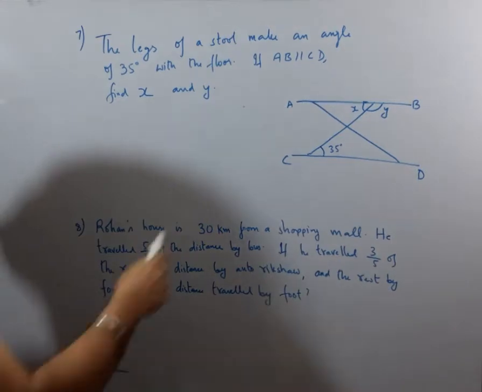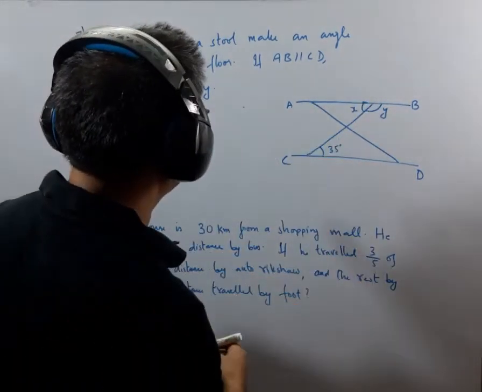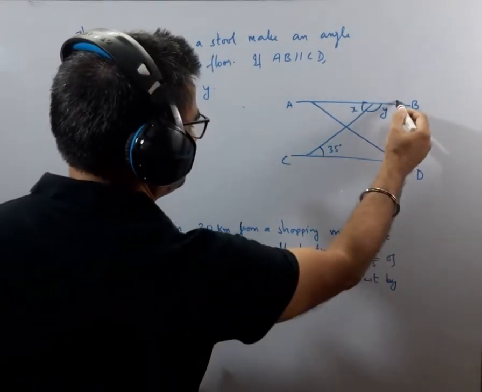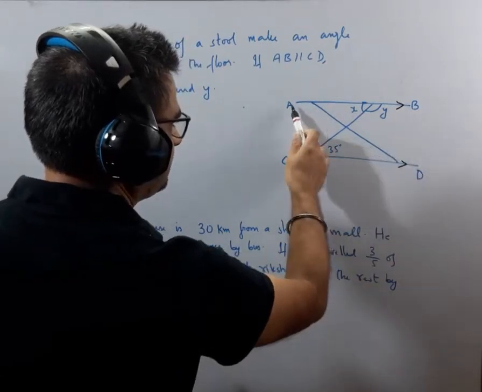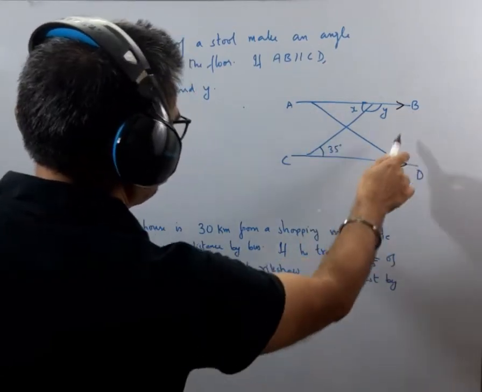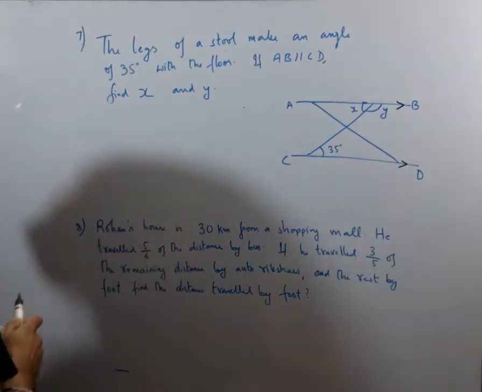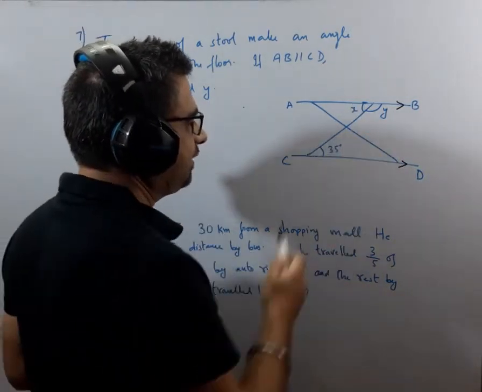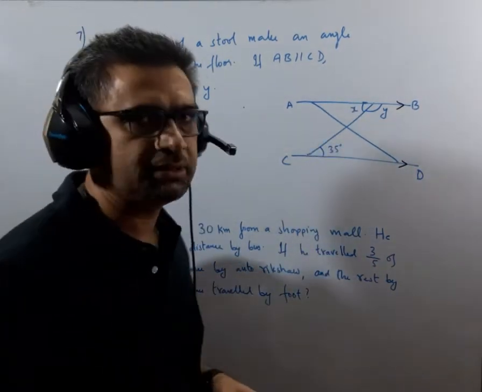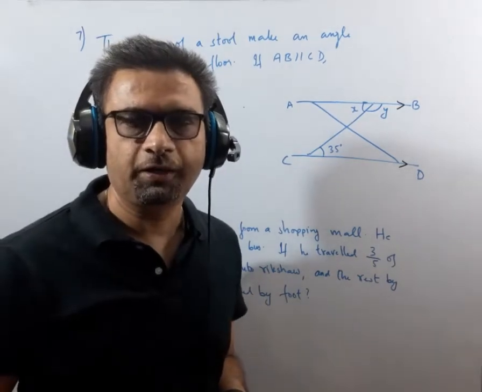So if AB is parallel to CD, you can just mark this. This is the notation to denote parallel lines, and if it is said that AB is parallel to CD, and that's the reason why we have marked this, find X and Y. So here, angle X and angle Y are the two angles that we have got to find.